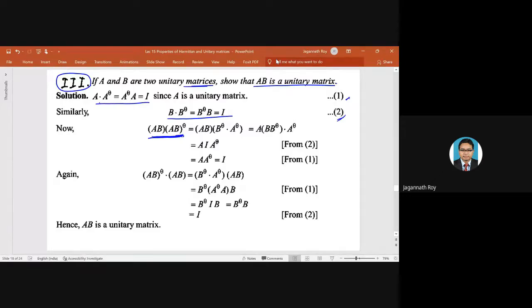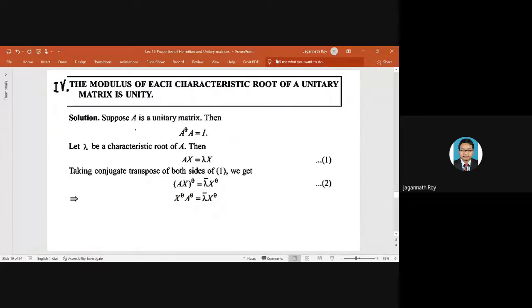And this will lead us to write this equation. Because this is I, we will substitute this. Similarly, we have to prove the other equation also. And we can see that AB is a unitary matrix. Just go through it, and you'll be able to verify.